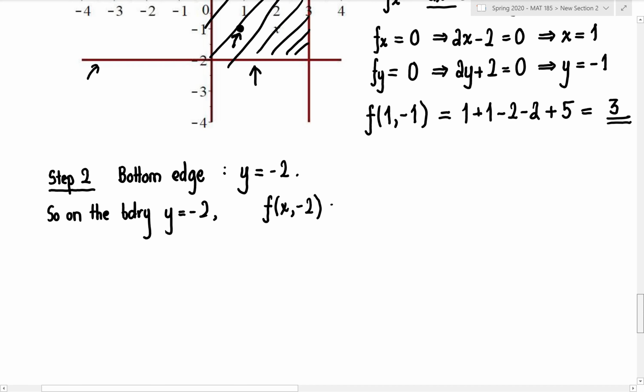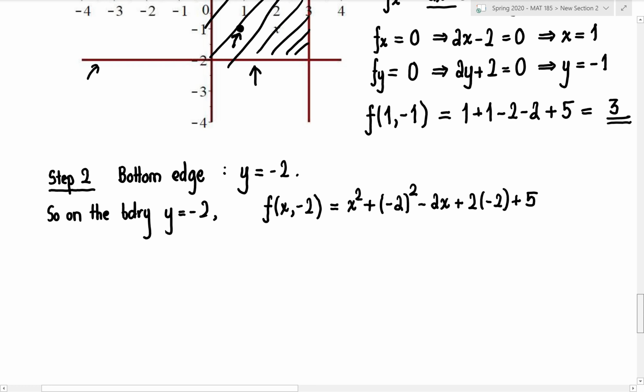So we get x squared plus (-2) squared minus 2x plus 2 times (-2) plus 5.